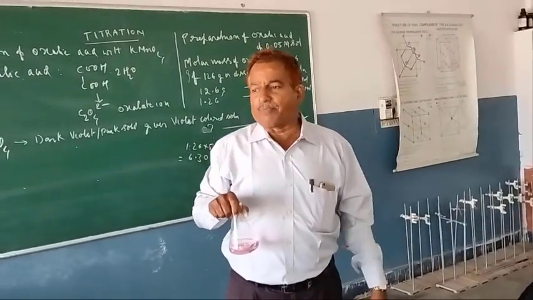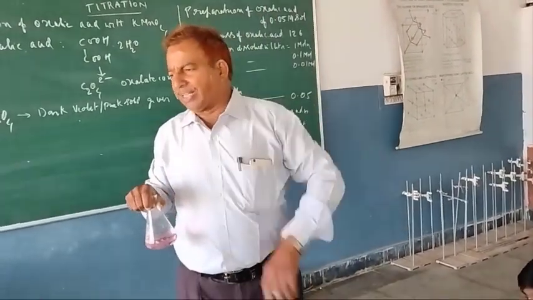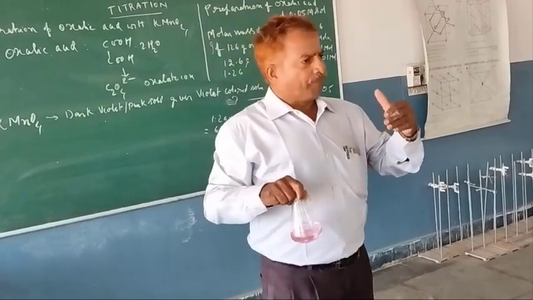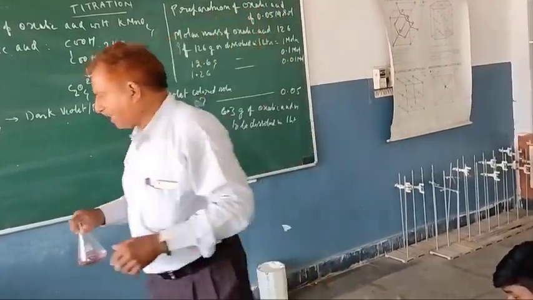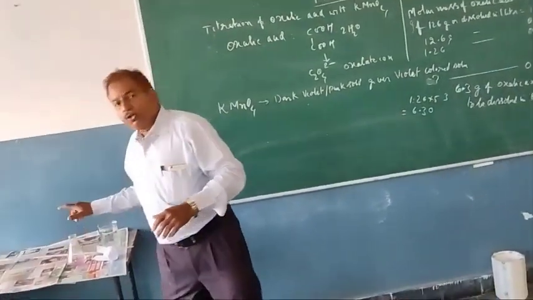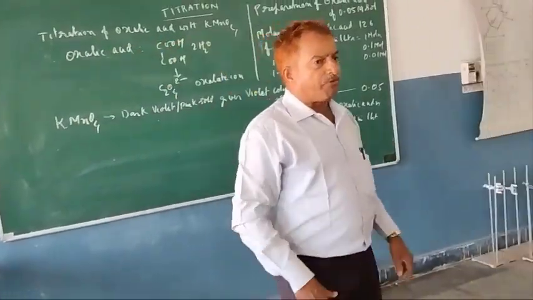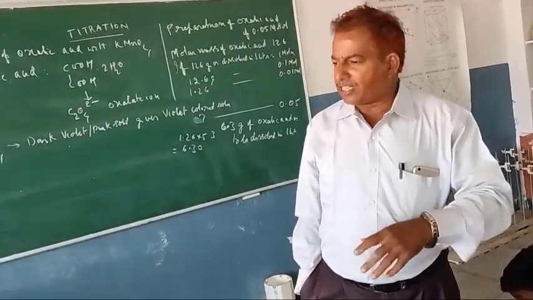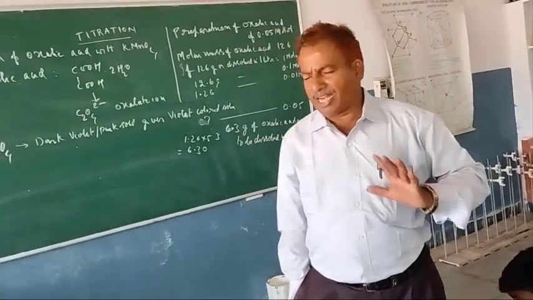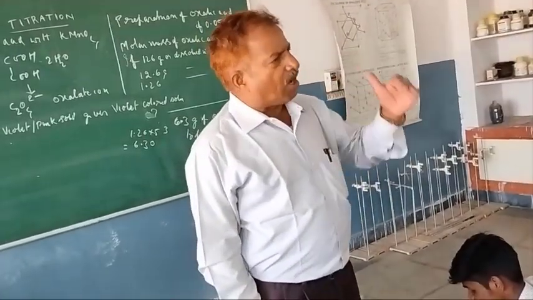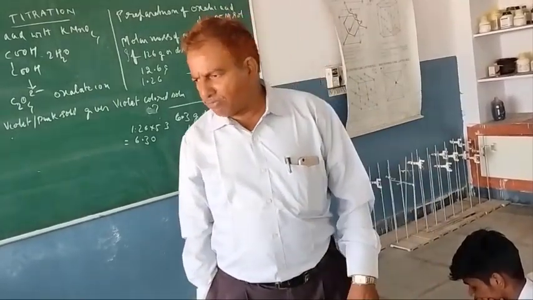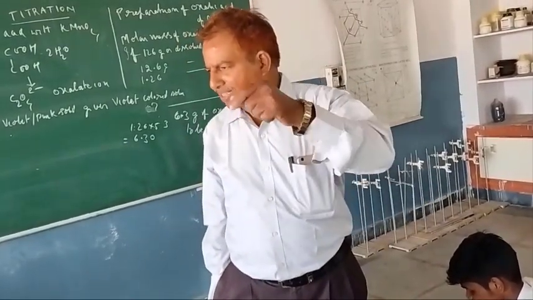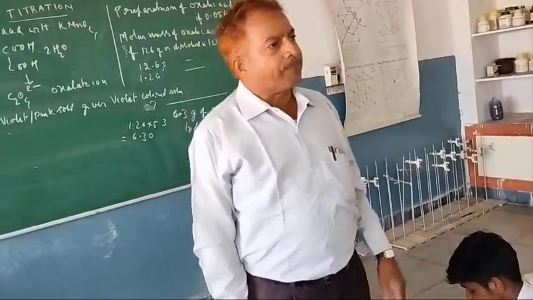Once the reaction is completed, you see the burette reading, up to how much the column comes, and note that. In this manner, you have to complete 4 titrations. Out of 4 titrations, in the first titration you go fast, so you can understand approximately what value you are getting. From the second titration onwards, you have to do it carefully and find out exactly what the reading will be. Right.